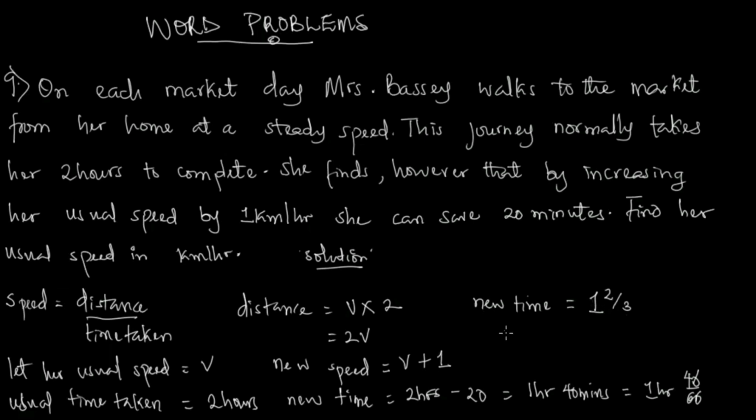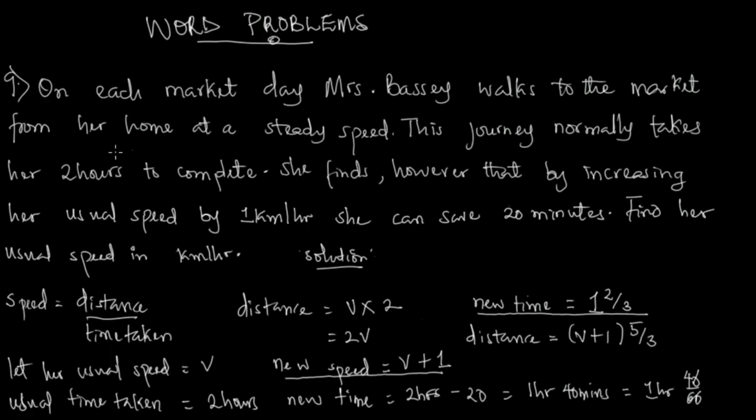Still having in mind that distance is speed times time taken, the new distance will be the new speed multiplied by the new time. So distance is v plus 1 multiplied by 1 and 2 over 3, which we can write as 5 over 3, changing it from a mixed fraction to an improper fraction.